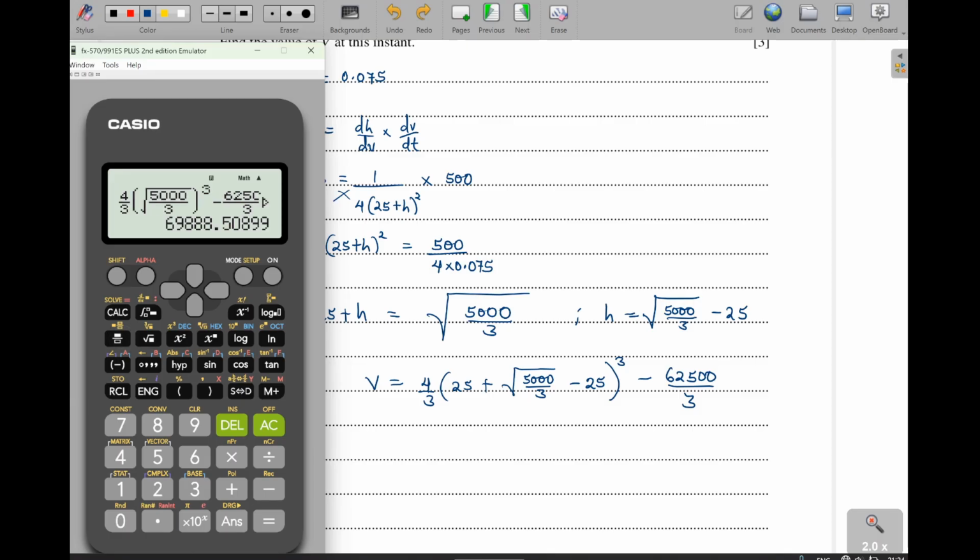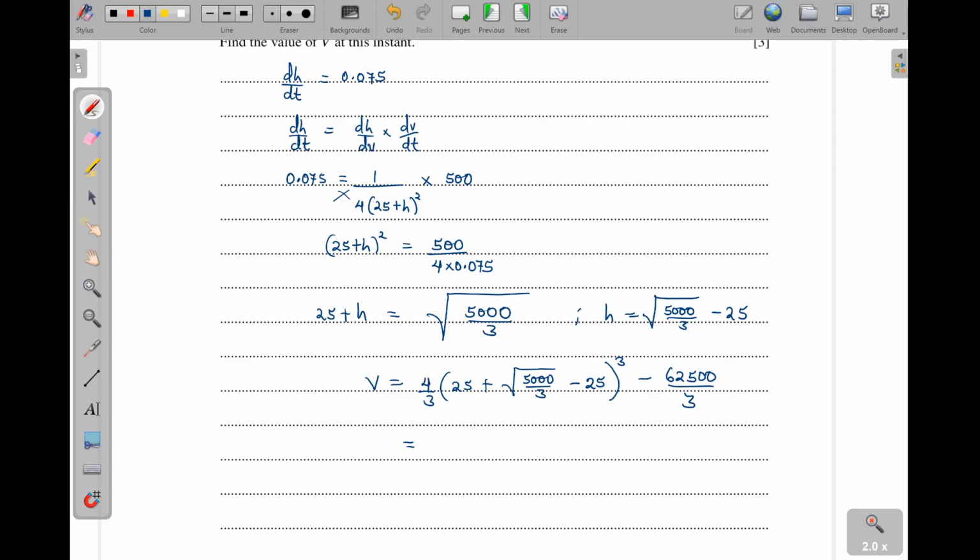So this is what we are getting here, 69888.50899. Now I can write this one to 3 significant figures. These are the 3. Then round this one off, so we shall add a 1 here, and then it will be 699.